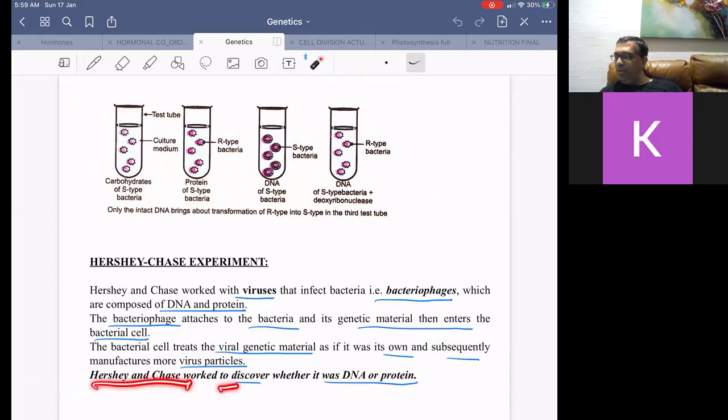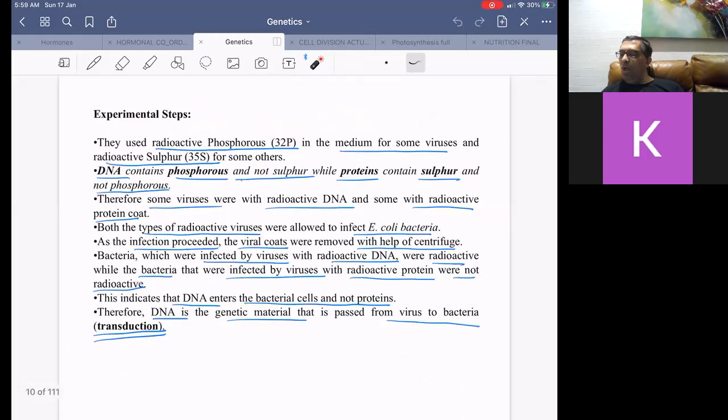Now they wanted to discover whether the genetic material which was passing from bacteriophage into the bacteria was DNA or proteins. Now, what did they do? They used radioactive phosphorus P32 in a medium for some viruses and radioactive sulfur S35 for some other bacteriophages.